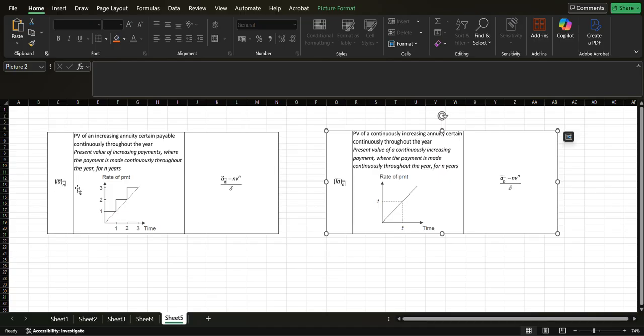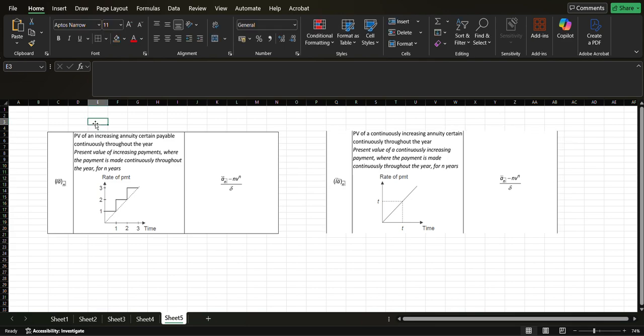In a general sense, they are an increasing annuity, which is increasing discretely. So I'm gonna write it down here. An annuity increasing discretely.